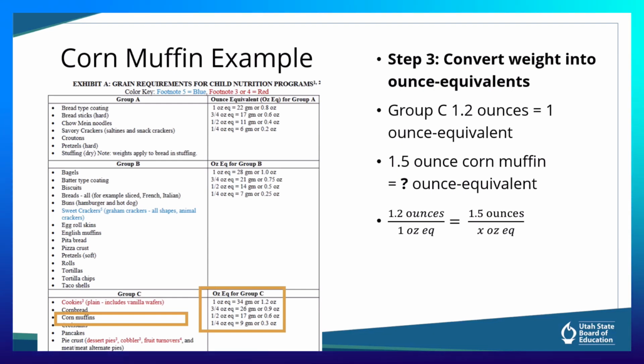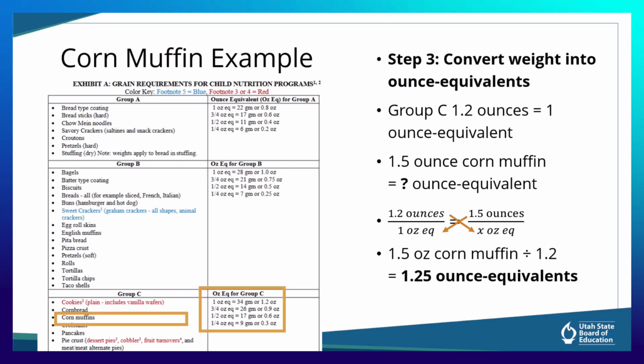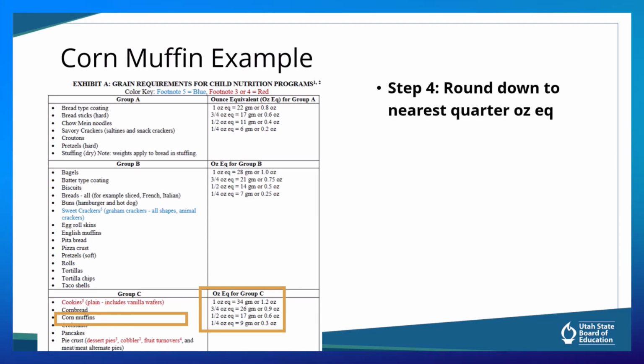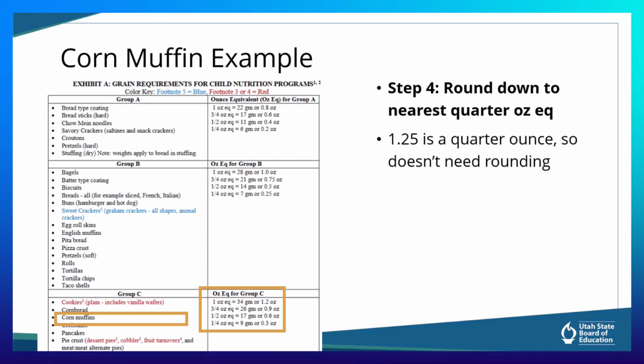We multiply 1.5 times 1, then divide by 1.2, and this leaves us with 1.25 ounce equivalents. Our final step would be to round down to the nearest quarter ounce. But 1.25 is a quarter ounce, so we know that our 1.5 ounce muffin credits as 1.25 ounce equivalents of grain.